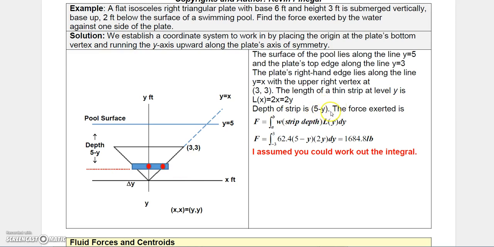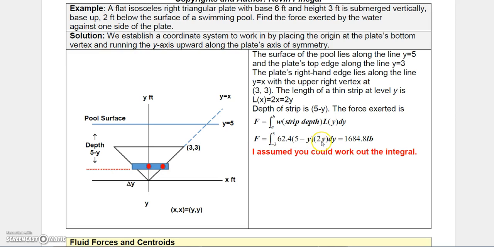So finally, if we apply the formula that we talked about, we're going to integrate from x = -3 over to x = +3, and then the density of the water is 62.4, and the depth of the strip is 5 minus y units, and the length of the strip we're going to say is 2y. 2x and 2y are the same value because of the symmetry of this problem.